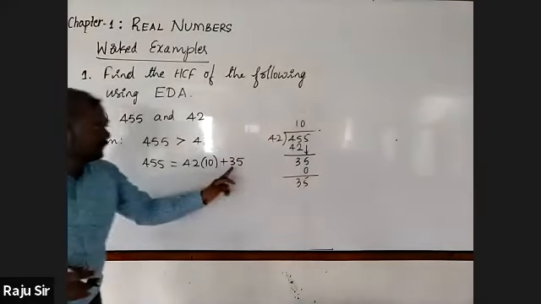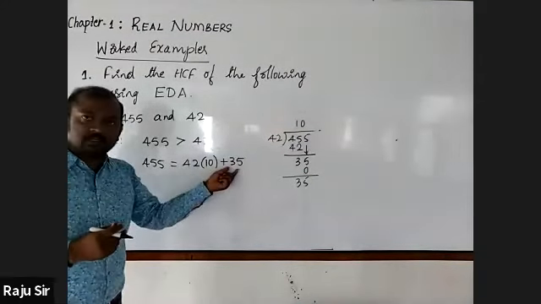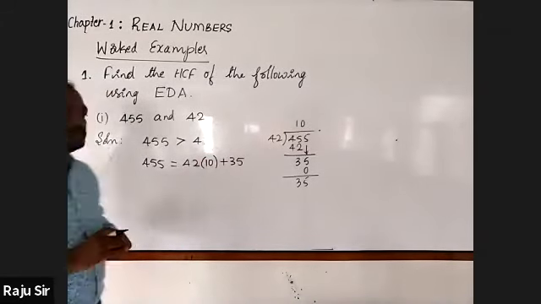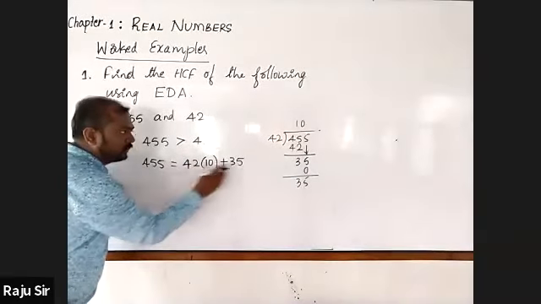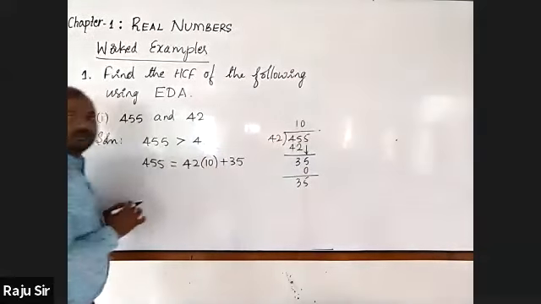Here, the remainder is 35, which is not equal to 0. Now, this division process should be continued till we get the remainder as 0. Now, observe it. The divisor is 42 and the remainder is 35. Here, 42 is greater than 35.